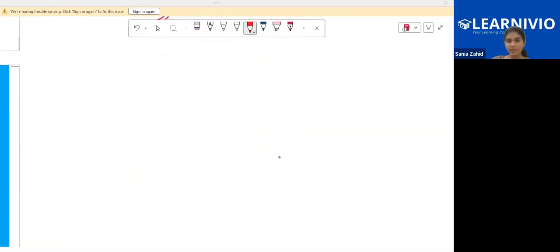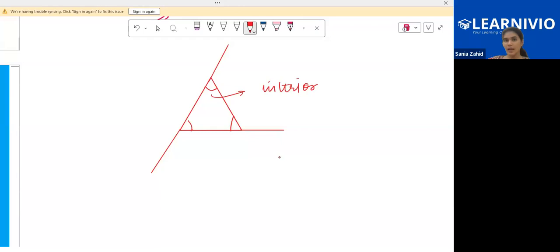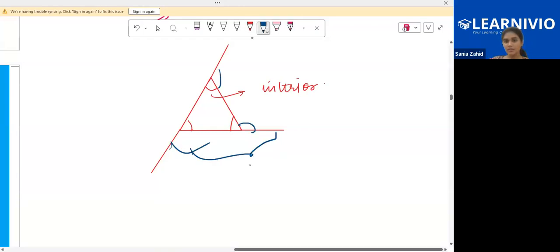So if this is a triangle, and if I draw like this, now this angle and this angle become the interior angles, and these angles become the exterior angles, right?